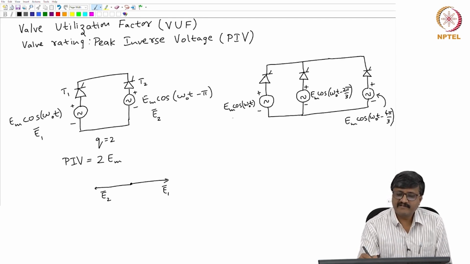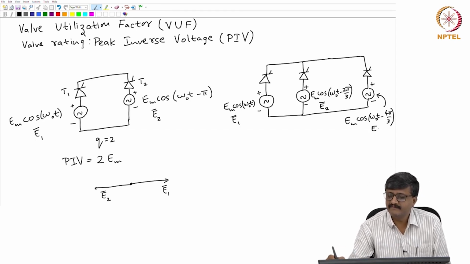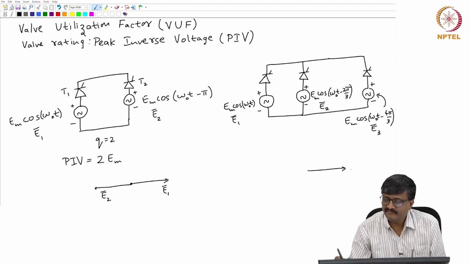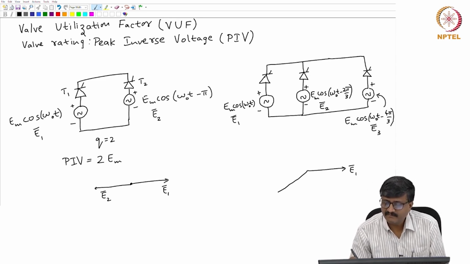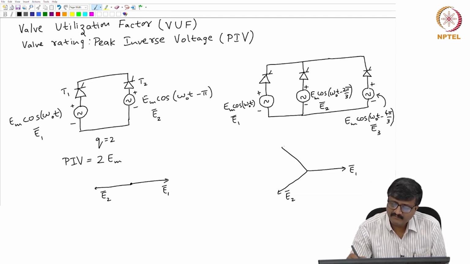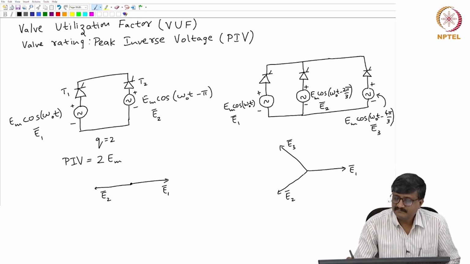Similarly, if I represent these voltages by phasors E1, E2, E3, then the angle between any two phasors is 120 degrees. This is 120 degrees, this is 120 degrees.